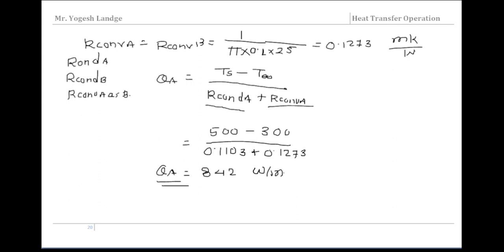Now what happens on the insulating material B? How much heat is lost there? Again we use the same formula, with only a small change.